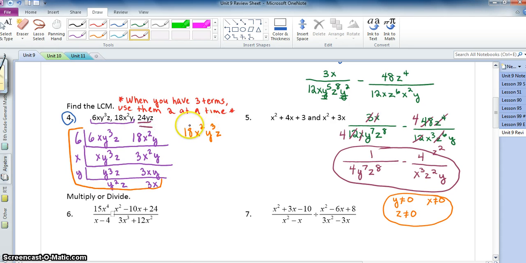Once I get this answer, I then need to do the same thing with that 24yz. And looking for things again that we can take out of both terms. The 18 and the 24, I can take out a 6. From the 24, I can also take out the 6, which gives me 4.